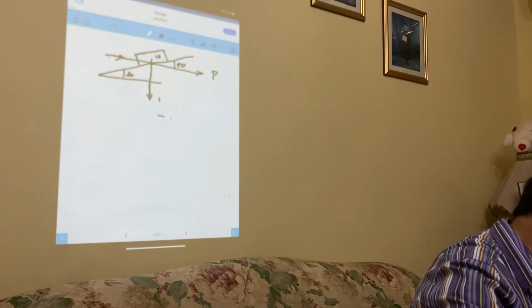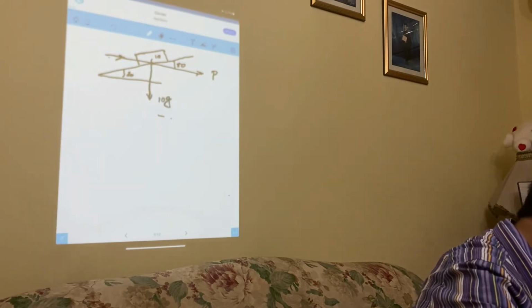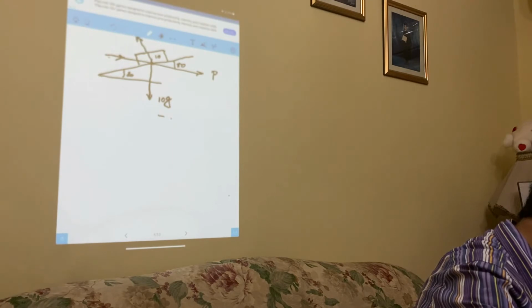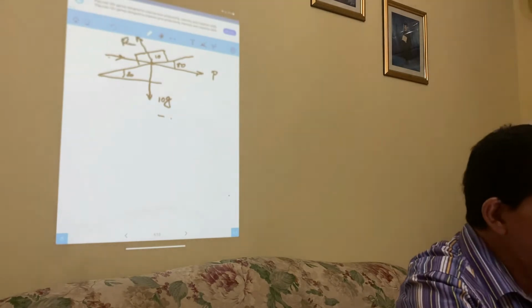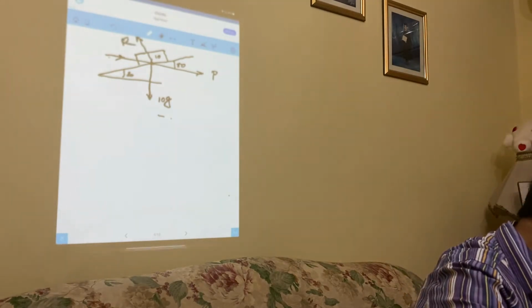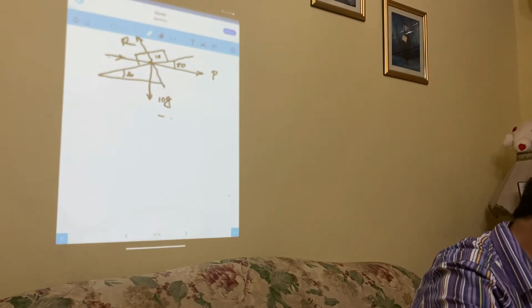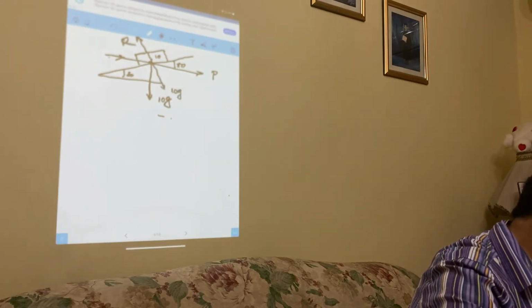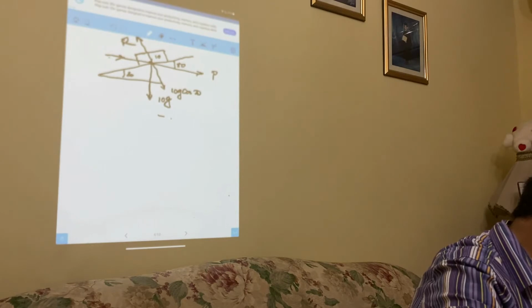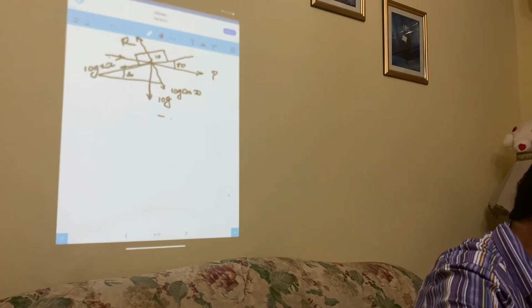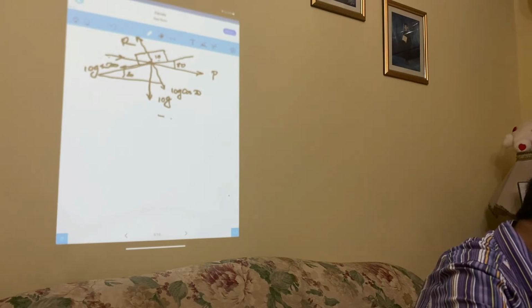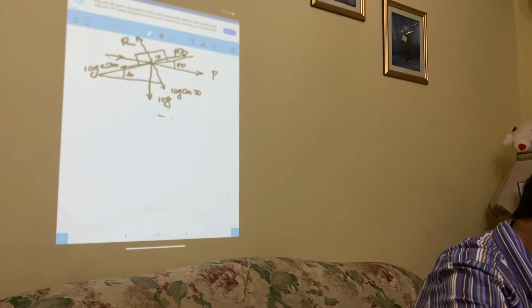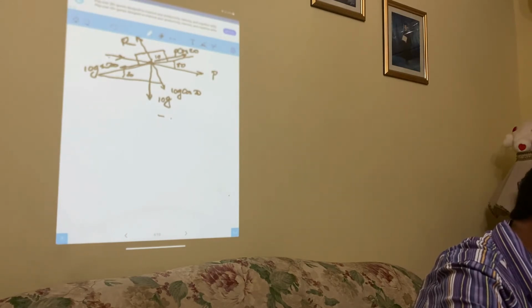The weight is 10g, and the normal reaction R. We resolve the weight: 10g cosine 20, and this one is 10g sine 20. And this is a force P: P cosine 20 and P sine 20.